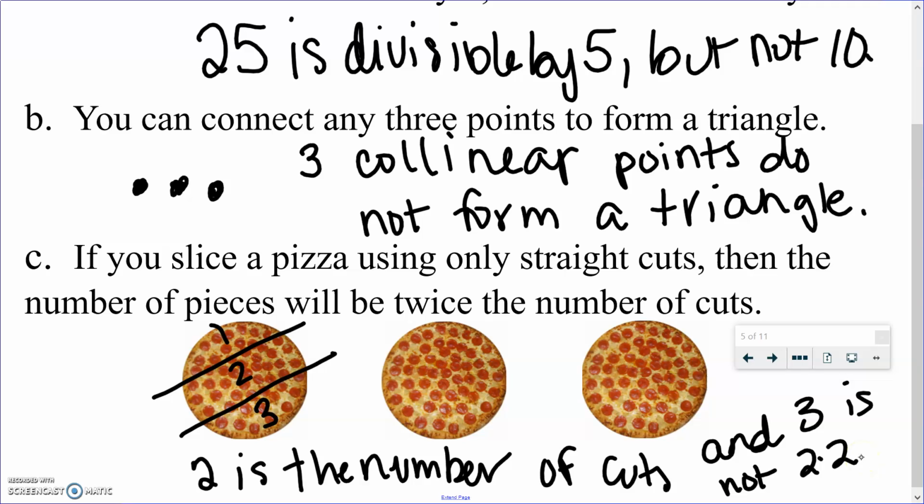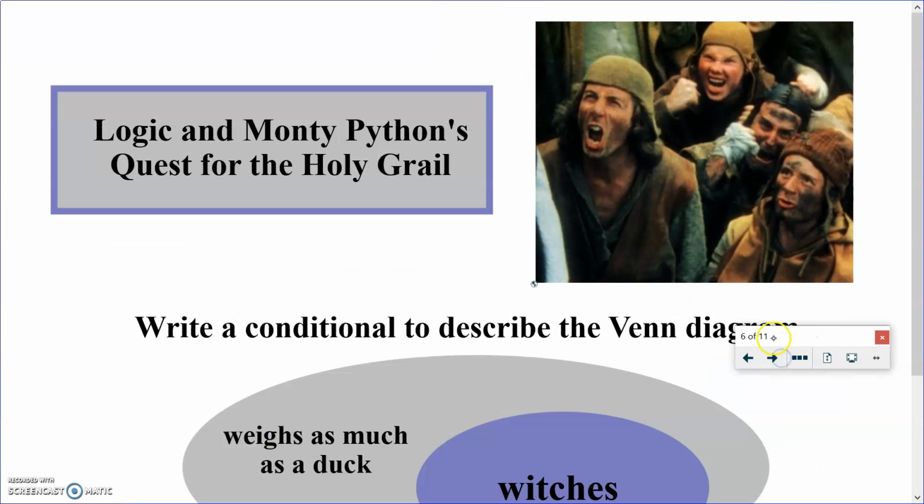So it's not double that. So that's our counterexample. So again, counterexamples are something that prove the statement to be incorrect.